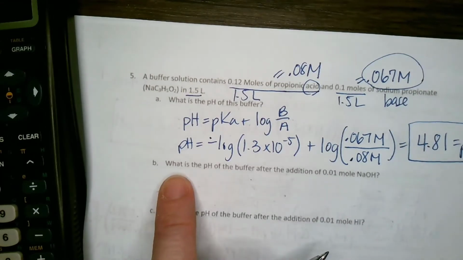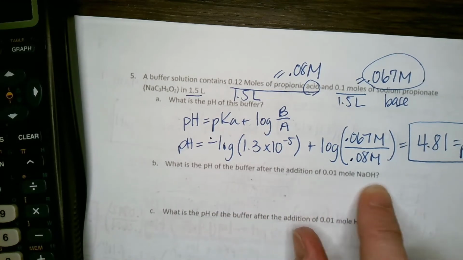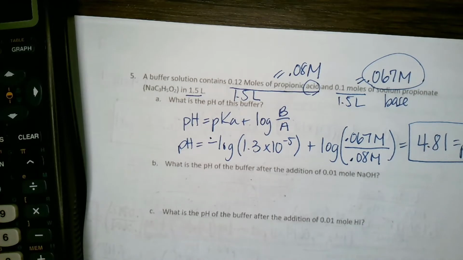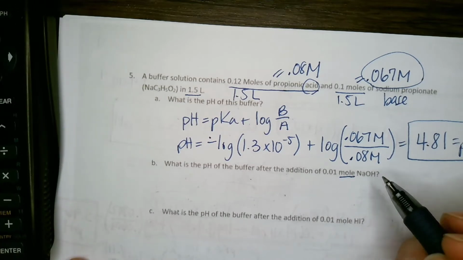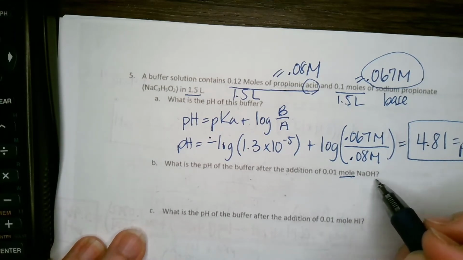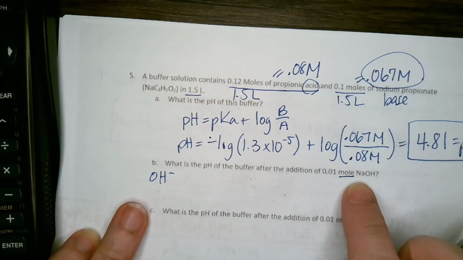Now let's look at the pH of the buffer after we add 0.1 mole of sodium hydroxide. Since we're given moles here, let's write out what's happening. We've got our NaOH, so we have hydroxide. We're going to drop the Na because that's just a spectator.